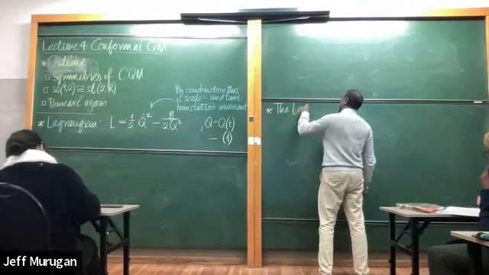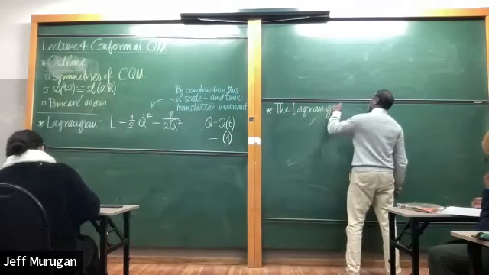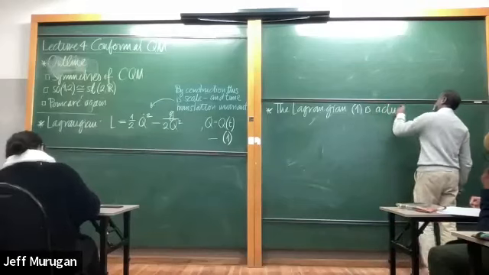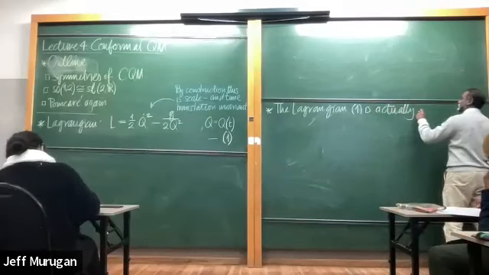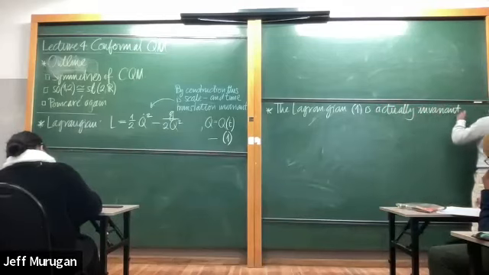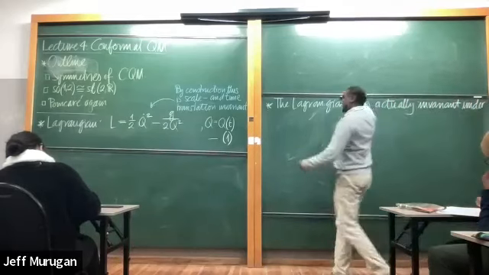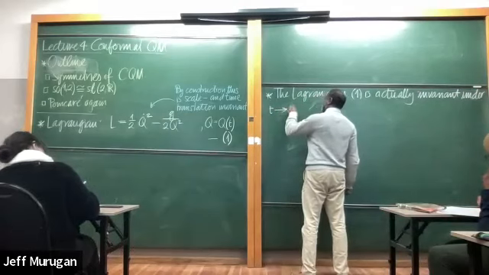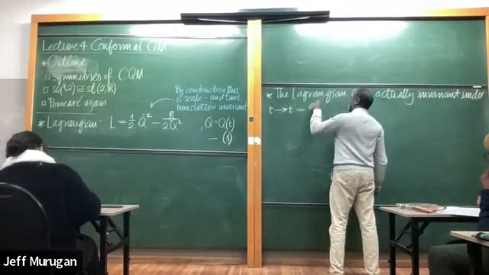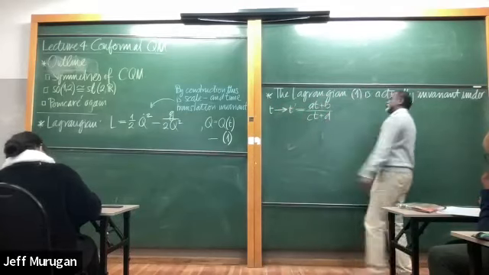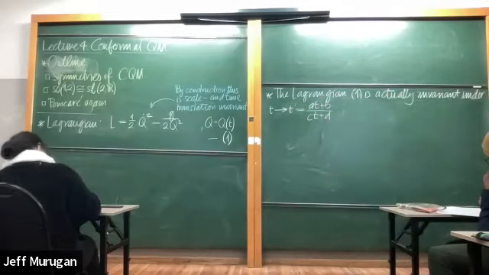So the Lagrangian is actually invariant under the biggest set of symmetries, which we said T, so let's say T prime is (AT plus B) over (CT plus D), where A, B, C, and D are all real parameters.